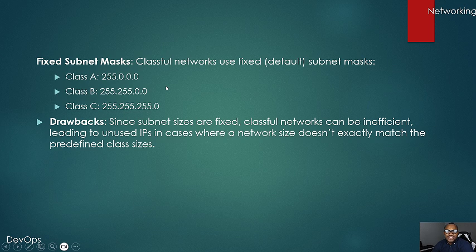Imagine a situation where you have an organization that needs about 50 IP addresses, and they are using a class C IP address. They will still have about 204 or 206 IP addresses that are not used. So classful networking has a drawback in that it results in a lot of wastage of unused IP addresses.